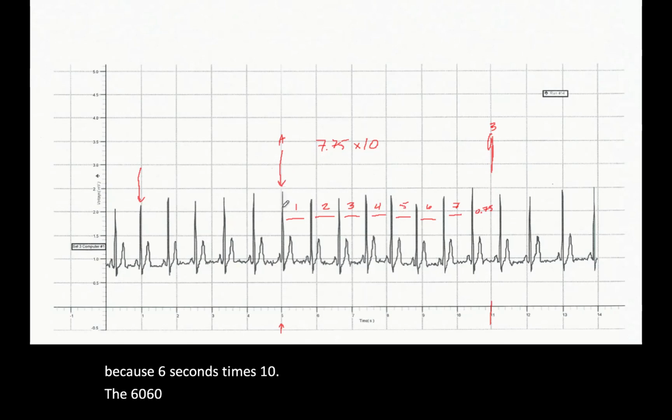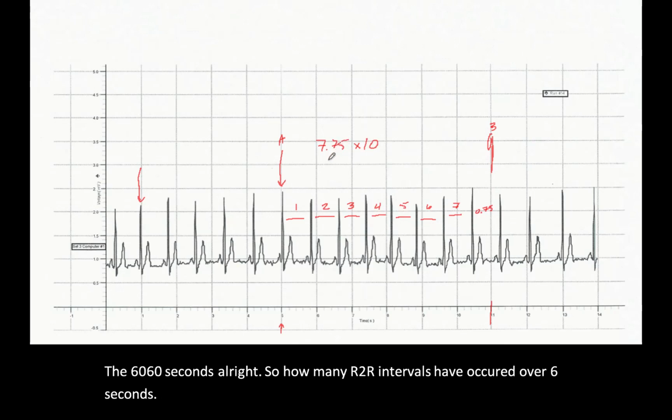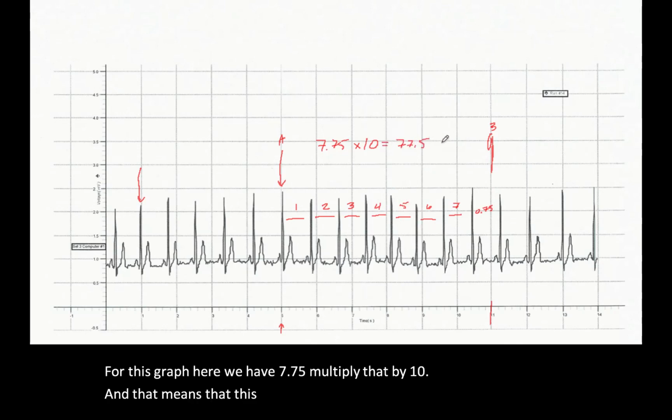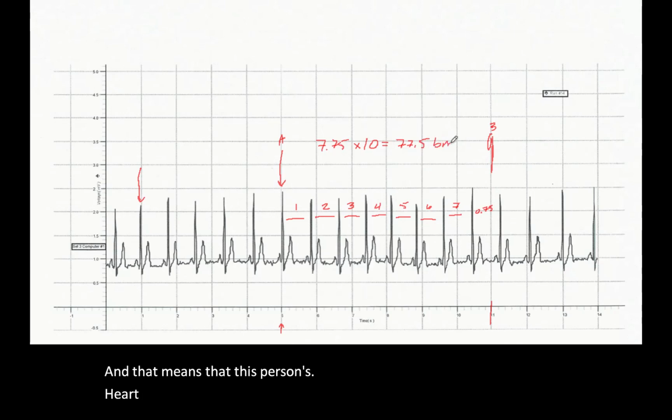All right, so how many R to R intervals have occurred over 6 seconds? For this graph here, we have 7.75. Multiply that by 10, and that means that this person's heart rate is 77.5 beats per minute.